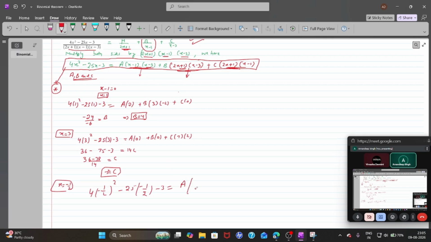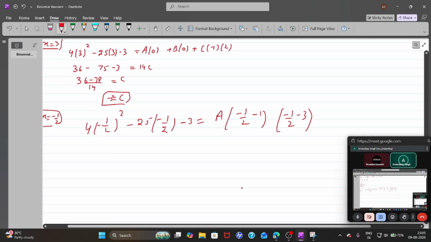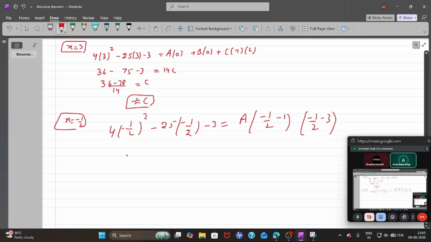So A is equal to that divided by minus 1 by 2 minus 1 and minus 1 by 2 minus 3. It is a little bit hard to solve this equation. Maybe you have a calculator, you can solve it quickly, but it is difficult for me. Minus plus 25 by 2, that is 12.5 maybe. So can you please quickly calculate the value of A using the same?